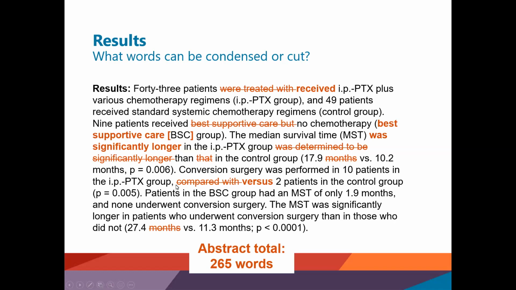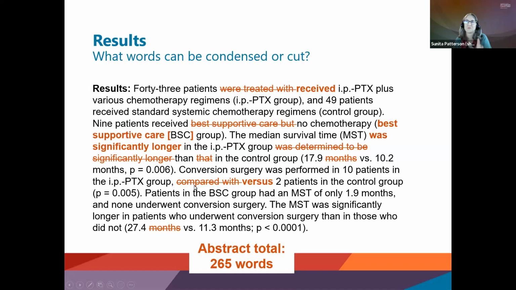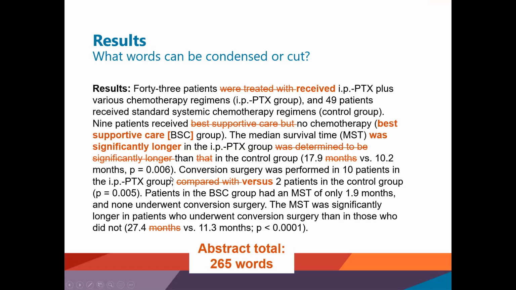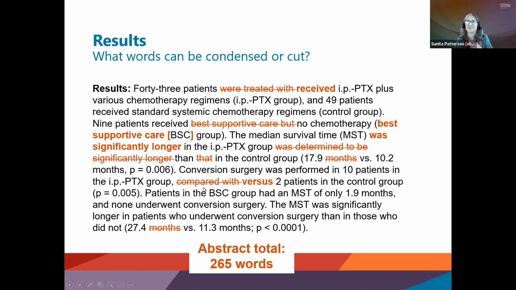Well, oh no, conversion surgery performed. No, I'm sorry. That works the way it is. Fine. Yeah. I think there's some room to work on that. That we could probably save some words somehow. I think there's potential there.